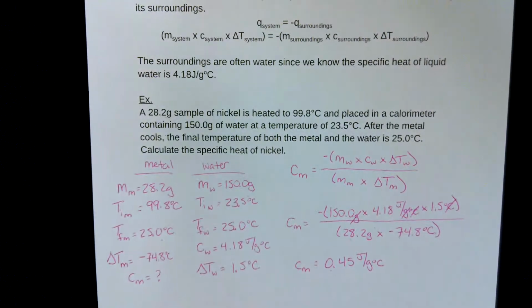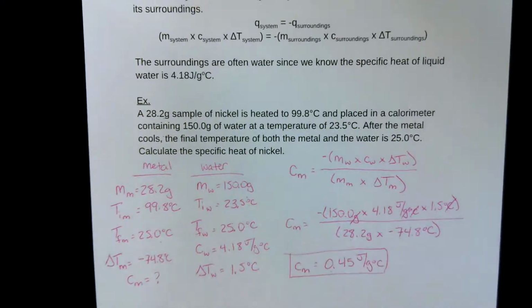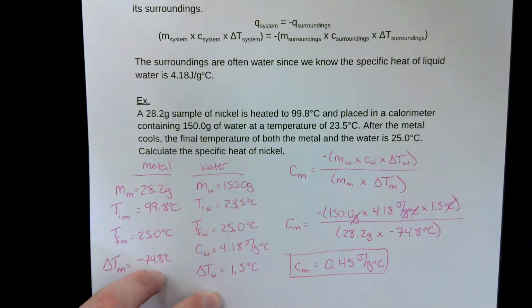And that will be our final answer. The specific heat of nickel calculated to be 0.45 joules per gram degrees Celsius. Let's look at another example.